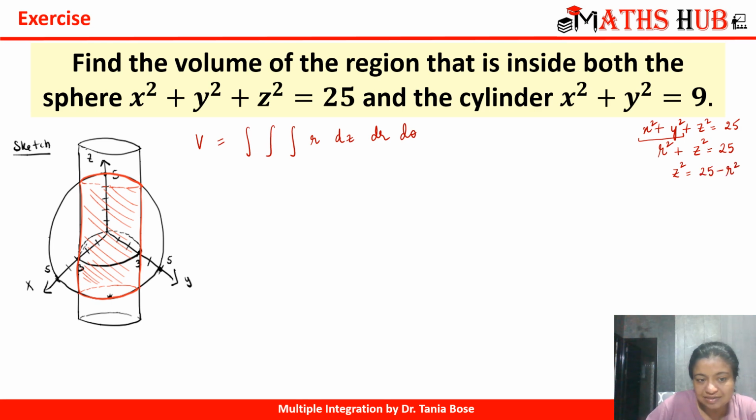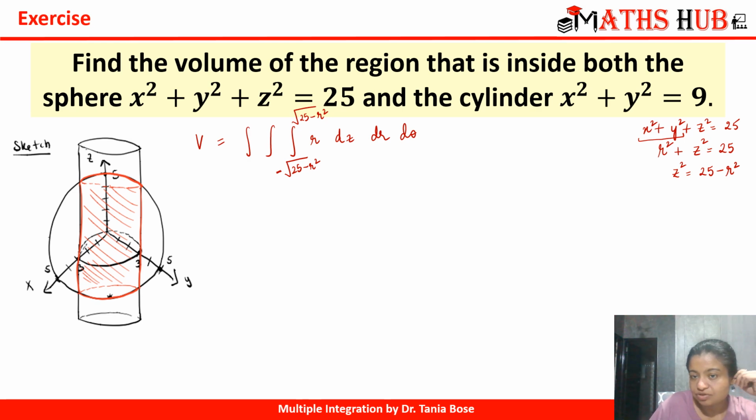Since z is varying on both the positive and negative z axis, the limits of z would be from minus under root 25 minus r square to plus under root 25 minus r square, right?